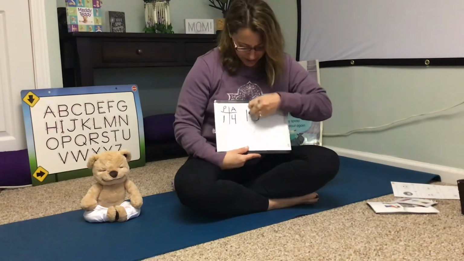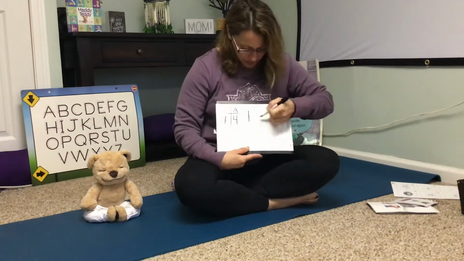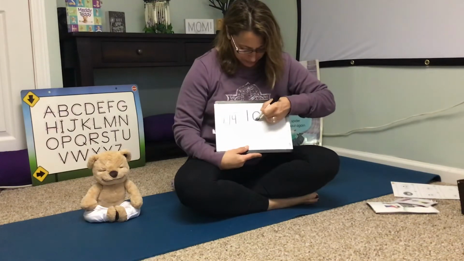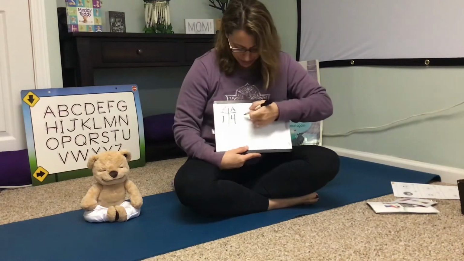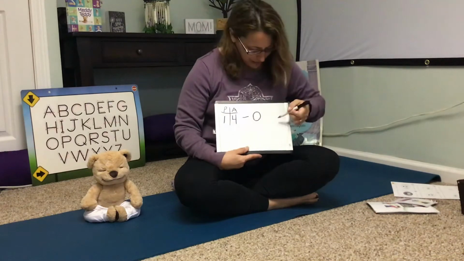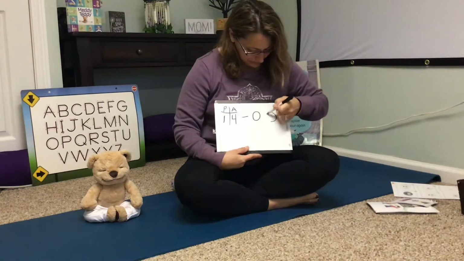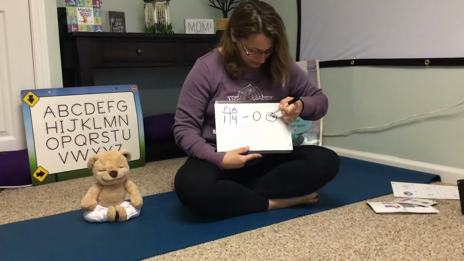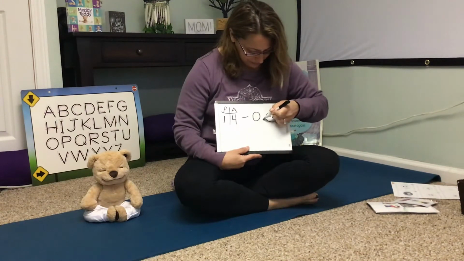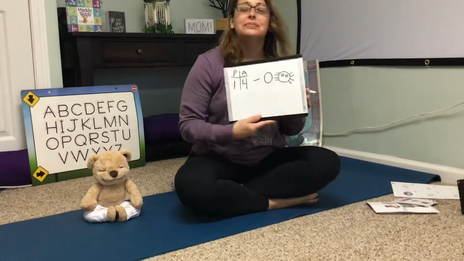Oh, that kind of looks like a number, but I'm not making numbers. Oh, wait, actually, you'll see it. Maybe I'll do it this way. Do you see what I made?